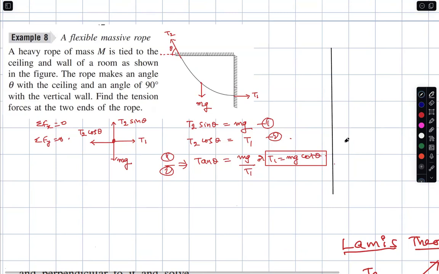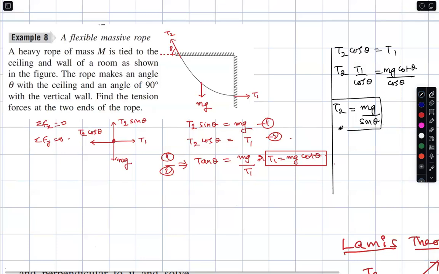You want T1 only, find the tension forces at the two ends of the rope. The other thing I can give is T2 cos theta is T1, as you have uttered here. So T2 is T1 by cos theta, which is nothing but mg cot theta by cos theta. So therefore T2 is mg by sin theta. So I have given the tension at both the ends. Don't ask me, you answer in terms of theta. You have given the information related to theta in the question. So I have answered.